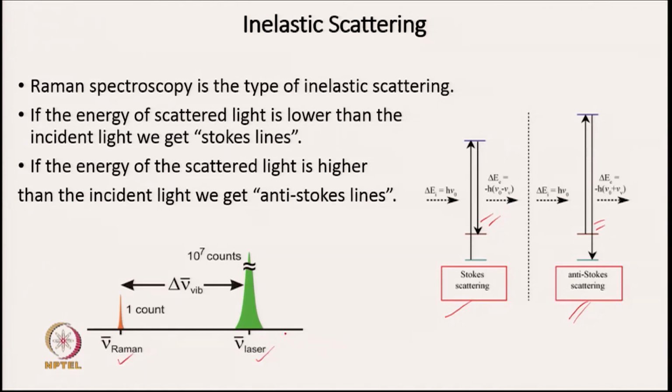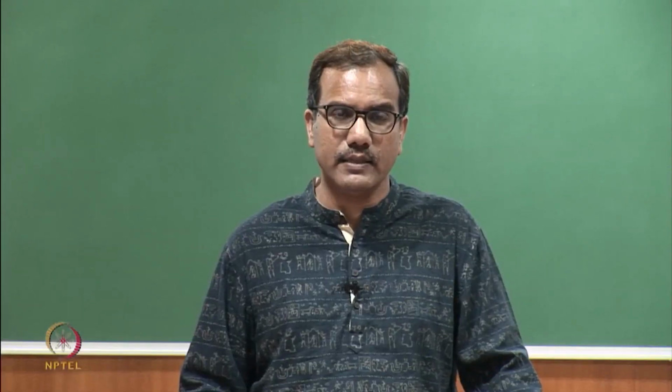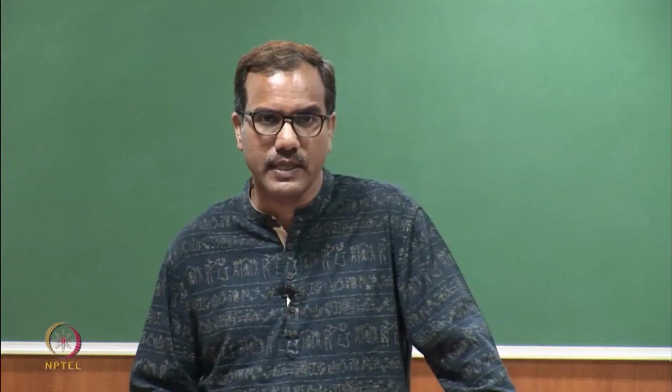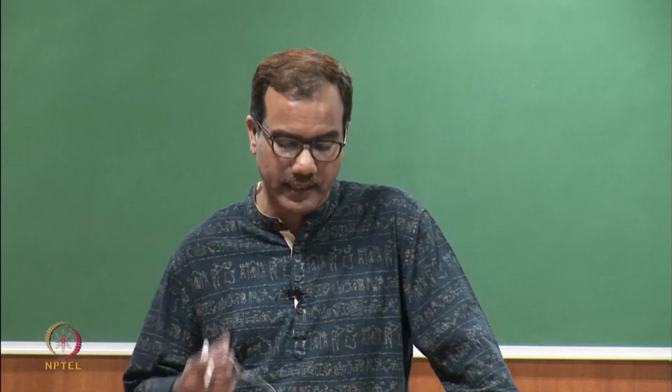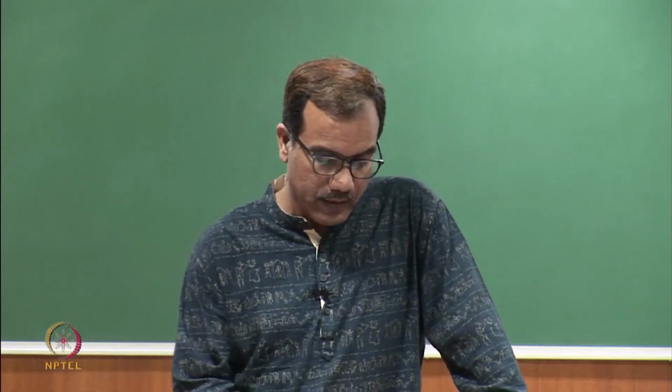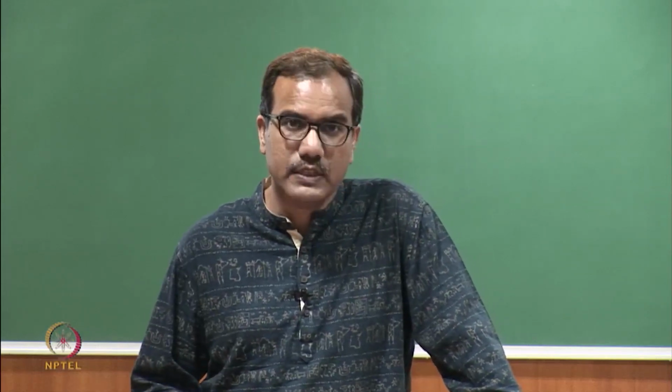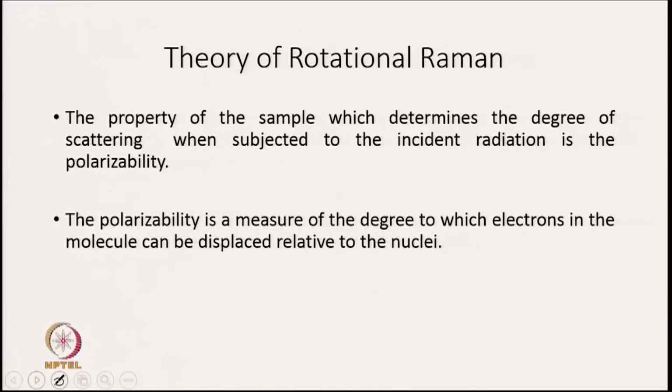So, if the energy of the scattered light is lower than that of the incident light, we get a Stokes line. If the energy of the scattered light is higher than the incident light, we get an anti-Stokes line. So, this is the theory of rotational Raman. The property of the sample which determines scattering is polarizability.